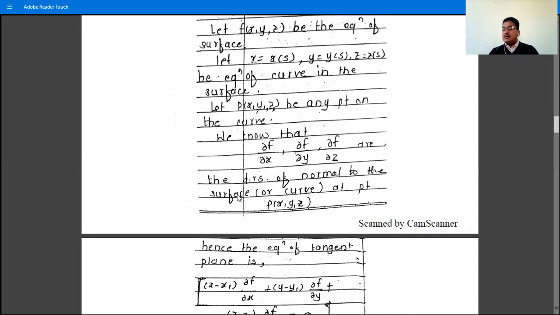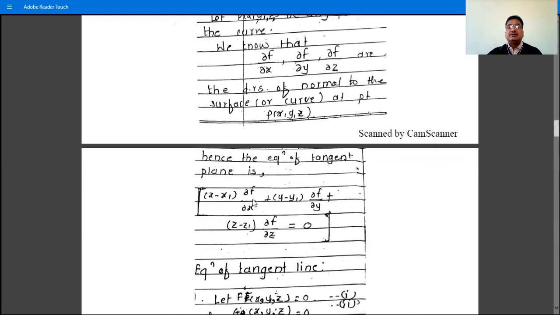This is the geometrical meaning of the gradient of a function: it is normal to that surface, and the coefficients of i, j, k in grad f are the direction ratios of the normal to the surface.